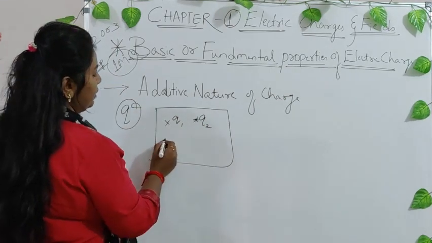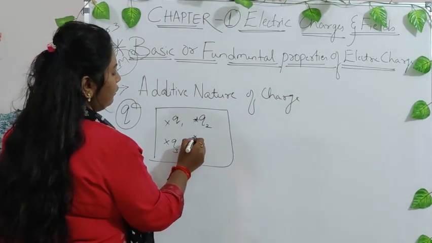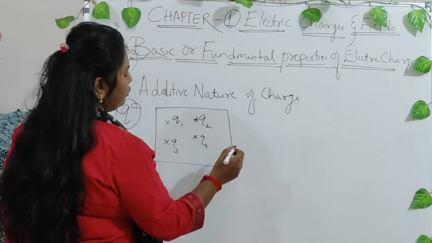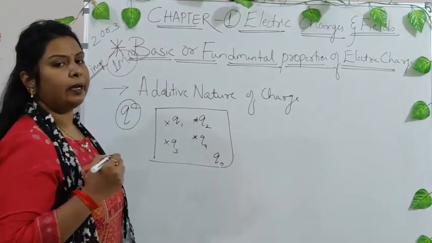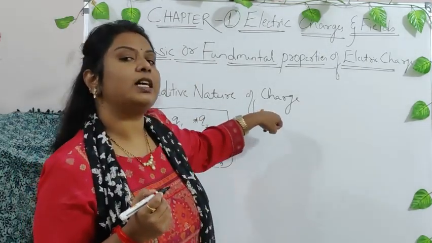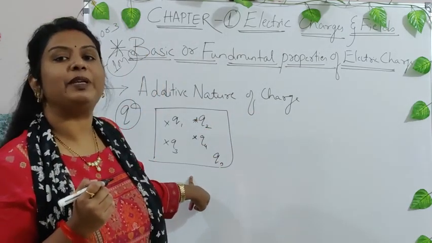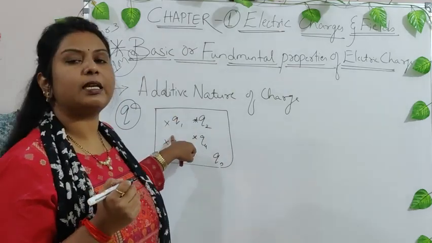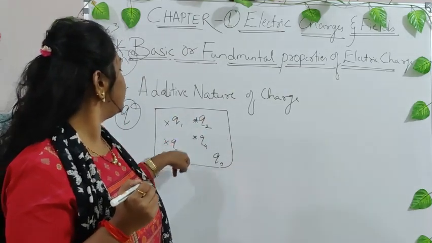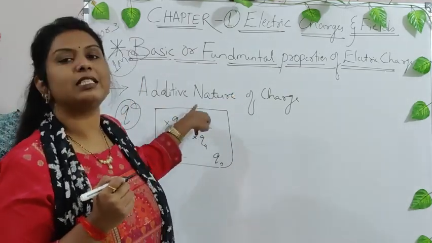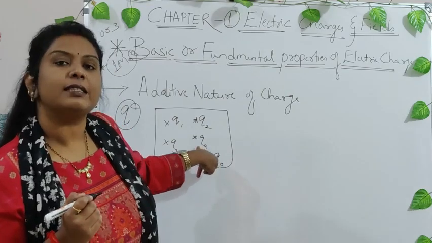It represents charge. You have Q3, Q4, and so many charges up to Qn. What the additive nature of the charges says here is that the total or net charge of the system will be equal to the algebraic sum of Q1, Q2, Q3, Q4 and all other charges present inside the system.